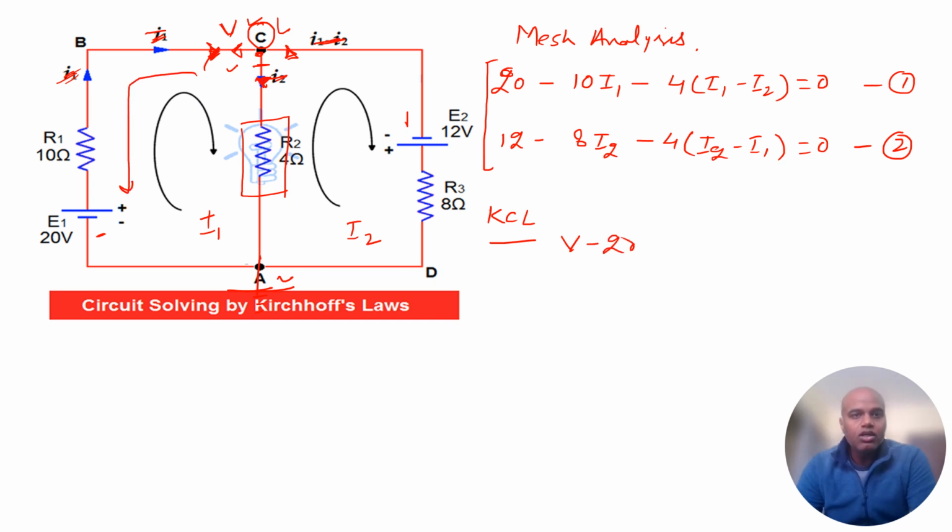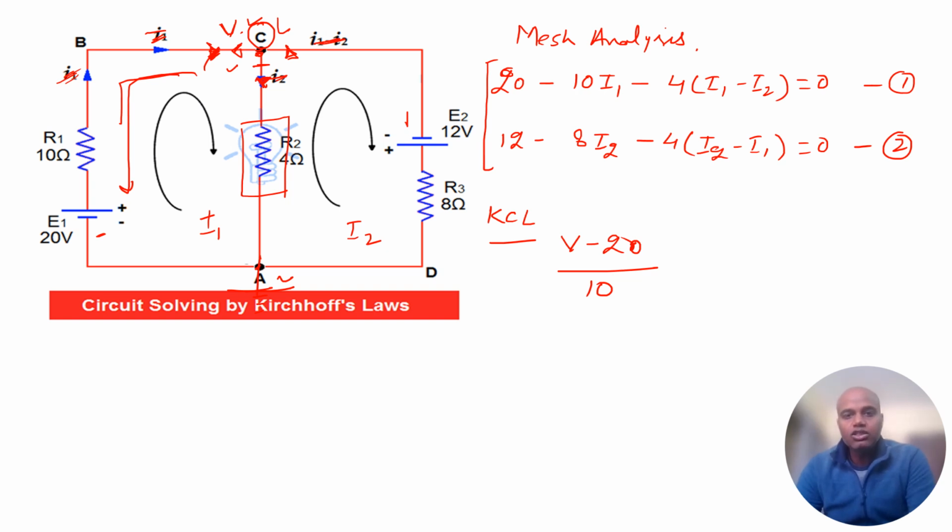The potential of the node C is V, and here we have the potential of 20, so the total potential difference between the C and A nodes in this branch is V minus 20. This voltage difference of the branch is divided by the resistance, since V divided by R is nothing but my current I as per Ohm's law.